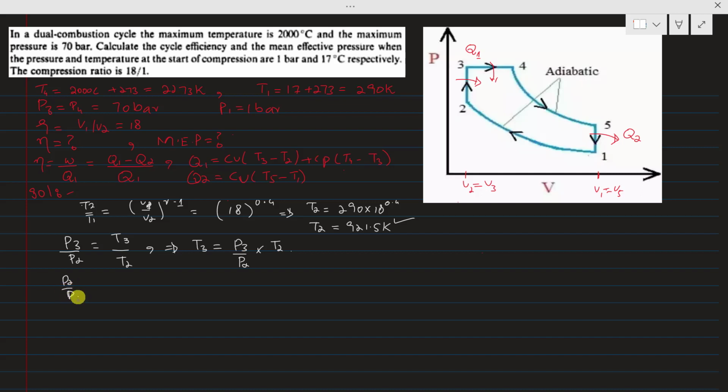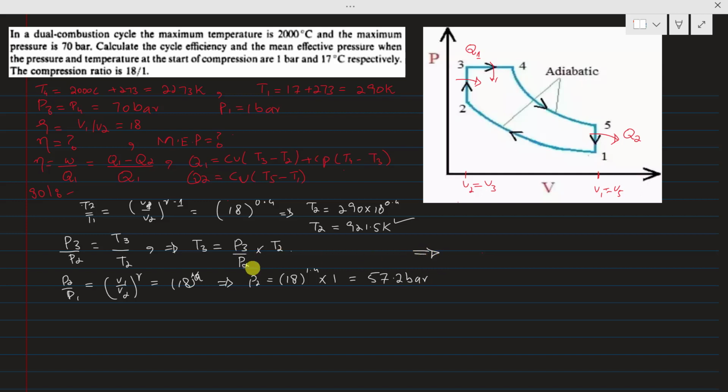P2 divided by P1 is equal to V1 divided by V2 to the power gamma, so it becomes 18 to the power 1.4 multiplied by P1, which is 1 bar, and you will get 57.2 bar.